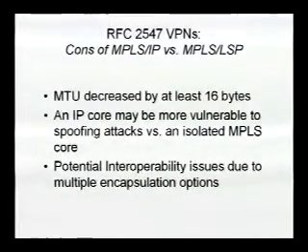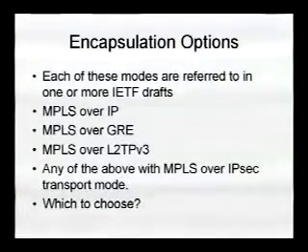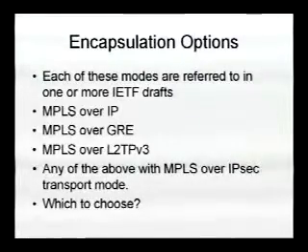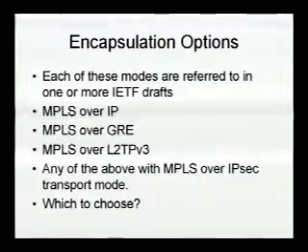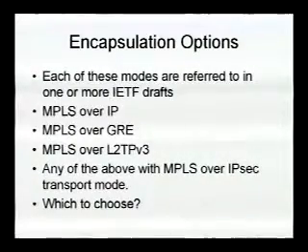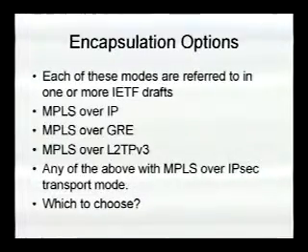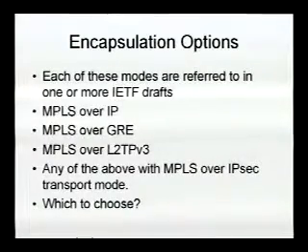Also, there's potential interoperability issues that can't be ignored due to the multiple encapsulation options. So here are some of the options that are currently defined in various IETF drafts. One is MPLS directly over IP, keep it simple. MPLS over GRE, MPLS over L2TPv3, any of the above with MPLS over IPsec transport mode. So whenever you see MPLS over IPsec, it's not IPsec tunneling like you do from your laptop or between firewalls.